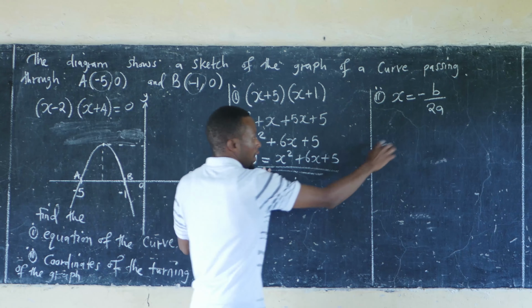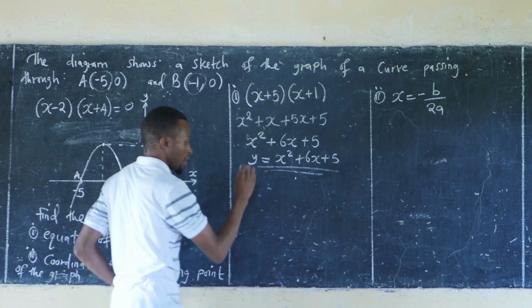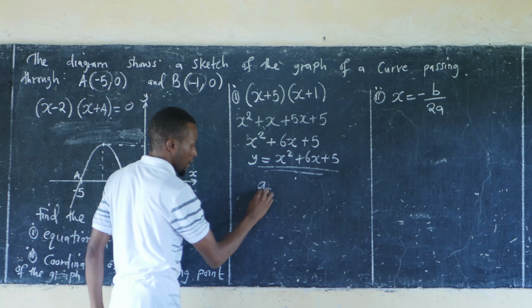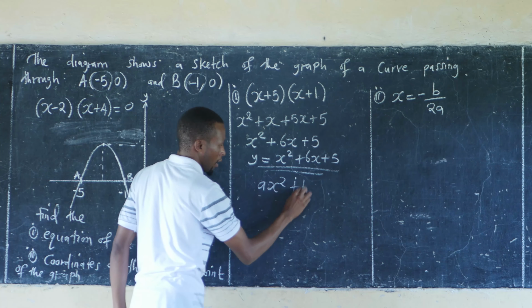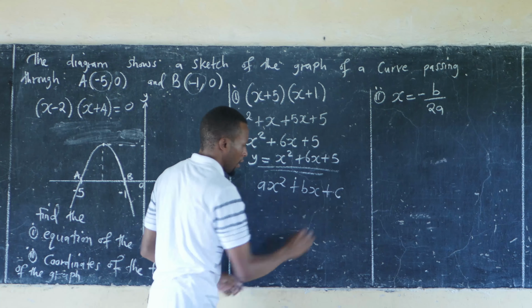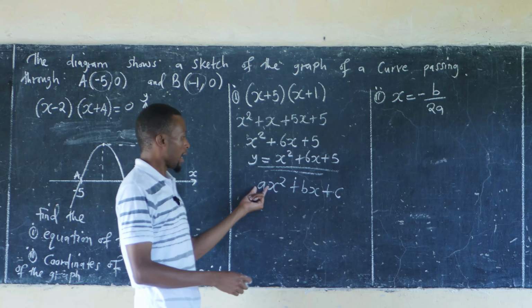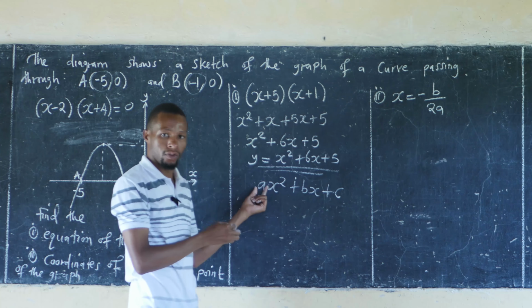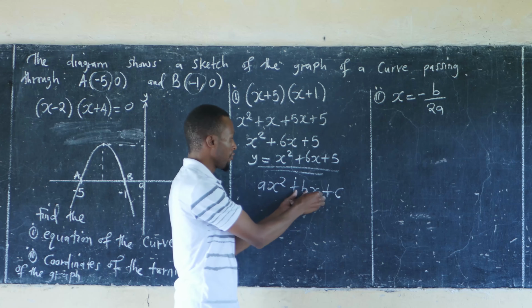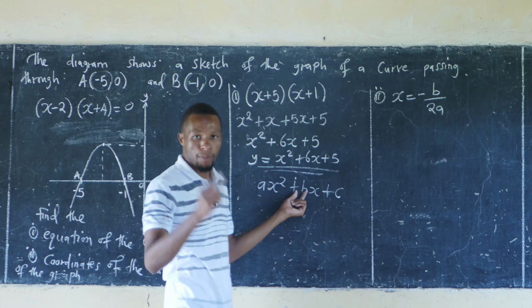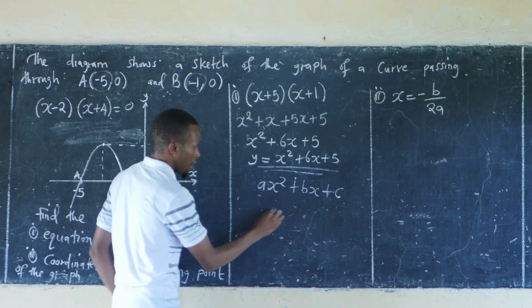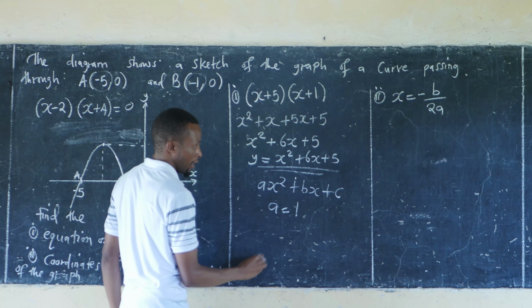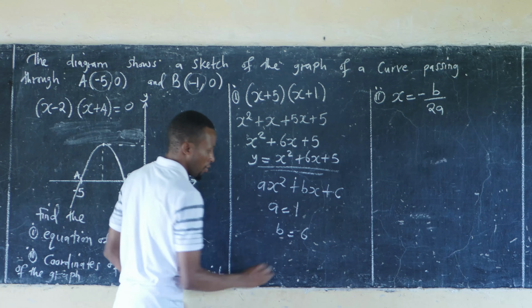In this formula, we need our a and our b. Using the standard form for a quadratic, ax squared plus bx plus c, our a is the coefficient of the variable with power 2, and our b is the coefficient of the variable with power 1. So in this case, a is positive 1 and b is positive 6.